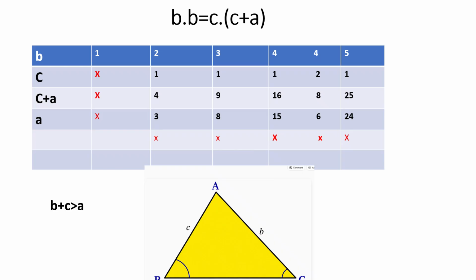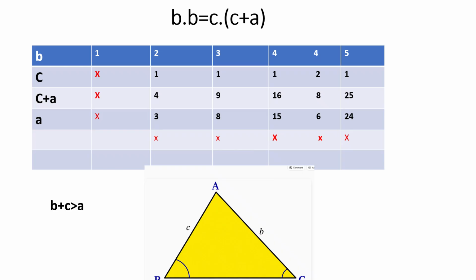But remember, two sides of the triangle is always greater than one side, so let's see if such a relationship is possible or not. 1 plus 3 becomes equal to 4, not greater than 4, so this relation is void also.